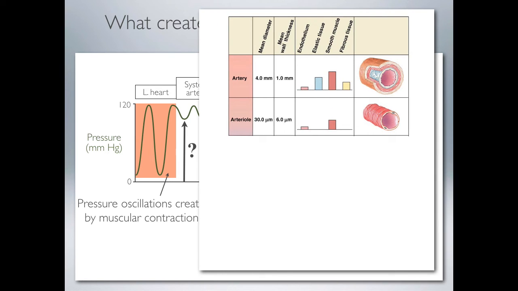Okay, so the answer comes from looking at the construction of those major vessels. So up top, we have an artery, and we can contrast it to the arterioles that I just told you about that have that smooth muscle lining. And if you dissect layers of the aorta, what you find is that there's a lot of extracellular tissue. Collagen is a major protein in these layers, and collagen is very springy.